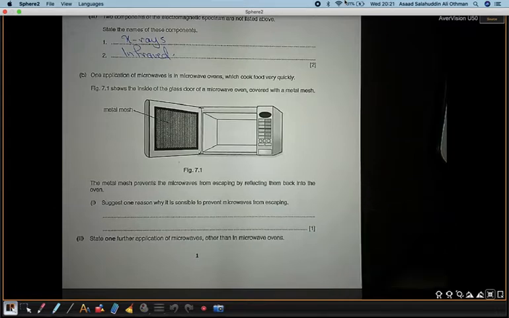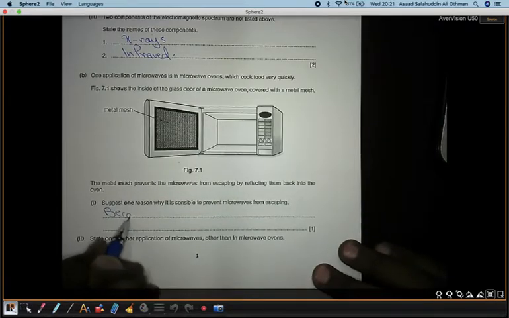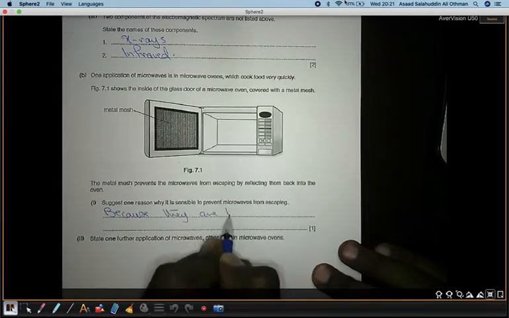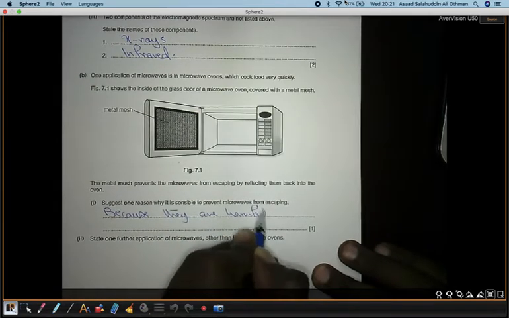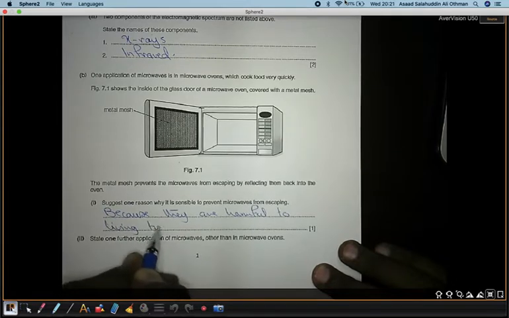Going to microwaves, and this question number B suggests one reason why it is sensible to prevent microwaves from escaping. Because they are harmful to living tissue.